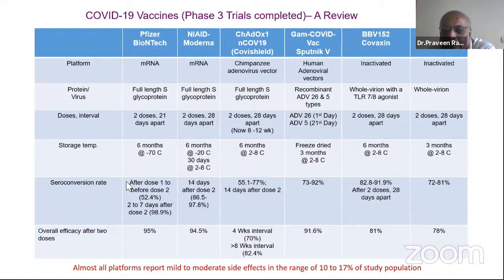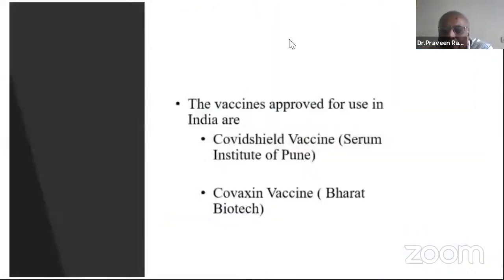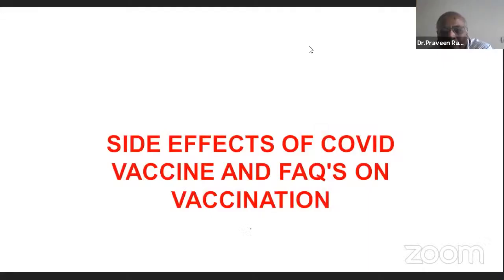The local causes are usually pain, swelling, redness, induration at site, and the generalized complications are fever, body pain, myalgia, lymphadenopathy, rash, etc. So next slide, please.